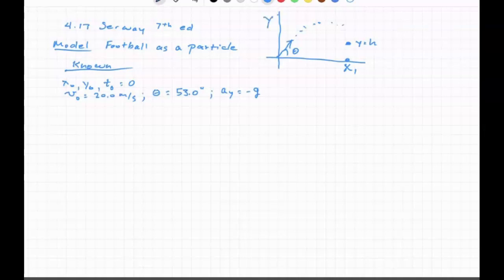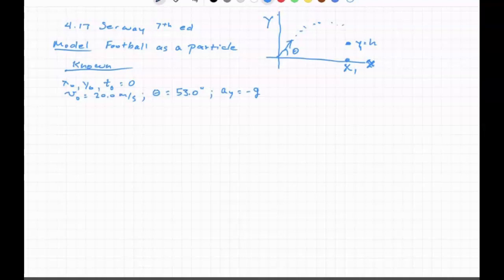And I show on the horizontal direction the location x1, which is the location of the crossbar, and y1, which is equal to h, the height of the football goal.